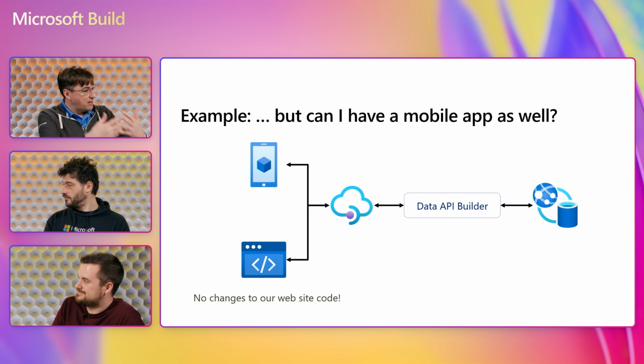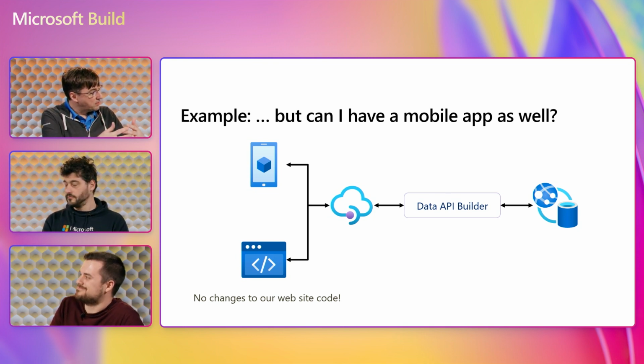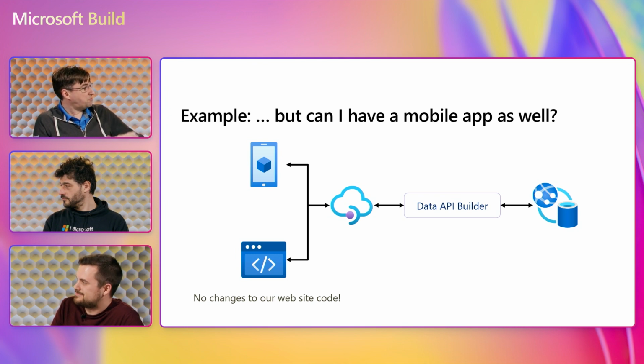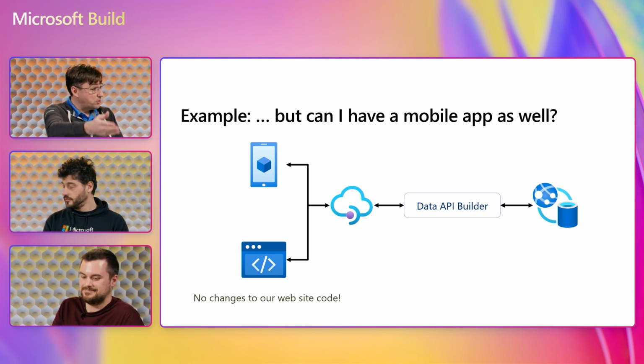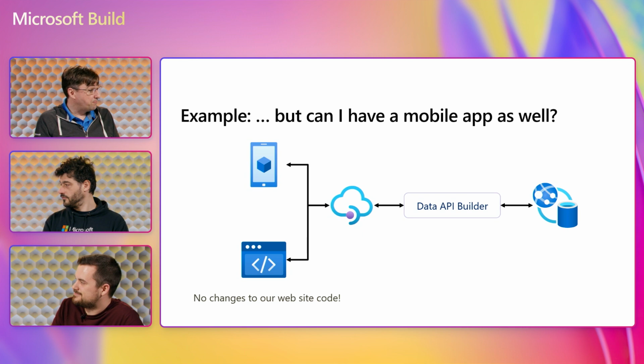Honestly, throwing API management on the front of that will now allow you to have a subscription key for the mobile app, a subscription key for the web app, all going through the same thing. And Static Web Apps has inbuilt support for Azure API Management. Absolutely. So you don't have to change anything there.